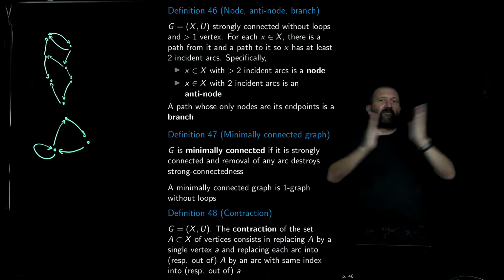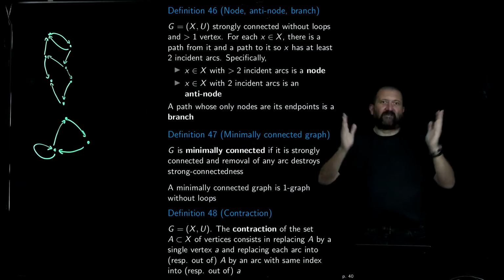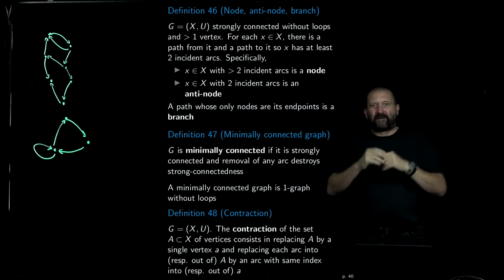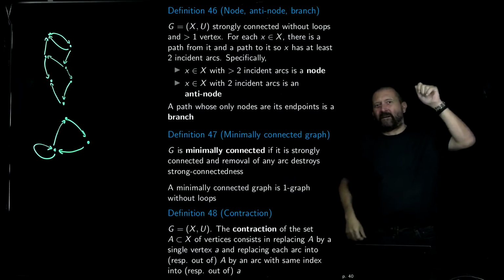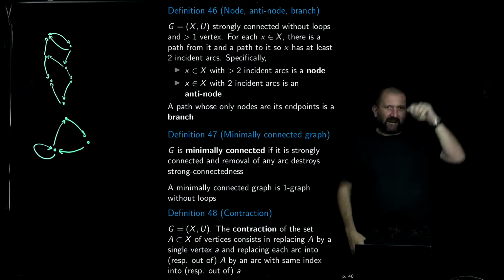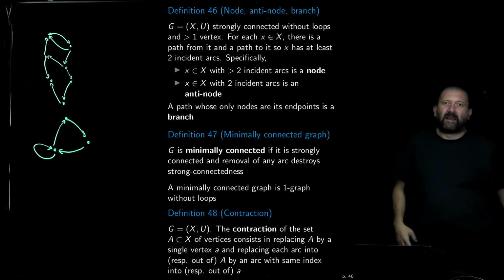So if it's a 2 arc, then it replaces it with a 2 arc, etc. And the index you keep is the same. Okay, so if I have labeled my arcs, I will keep the same numbers. And that's what's called a contraction.